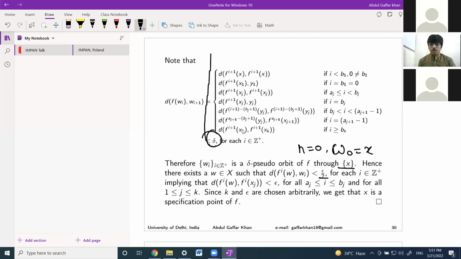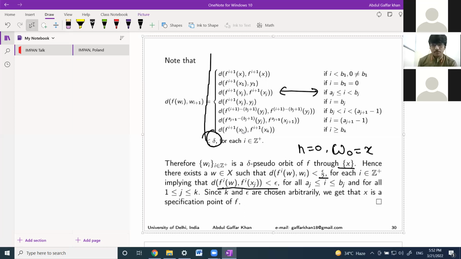Assuming it to be traced, in particular the pieces that I have just remarked here can be traced, and hence every piece can be traced. And since K was chosen arbitrarily, we can observe that the point is a specification point.